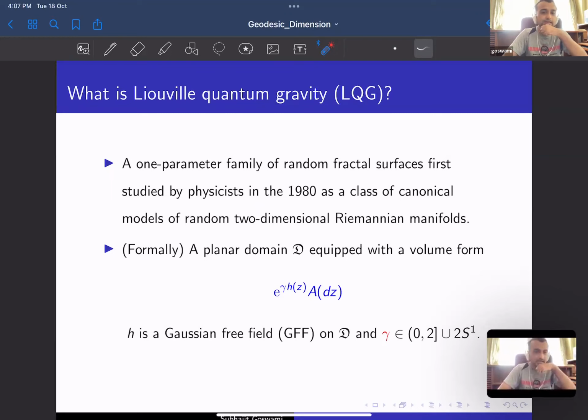What is h? h is an object I'll discuss a bit in the forthcoming slides. It's what is called a Gaussian free field.